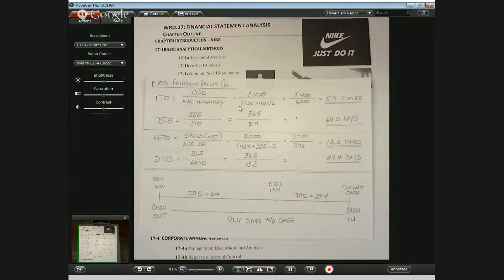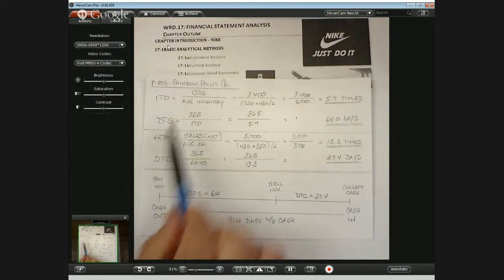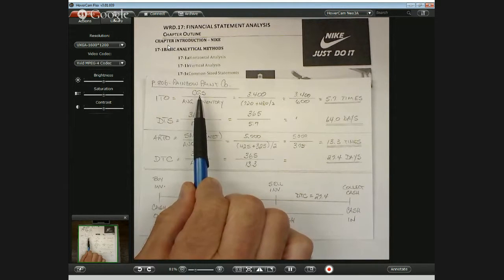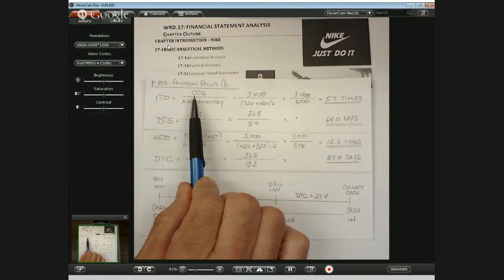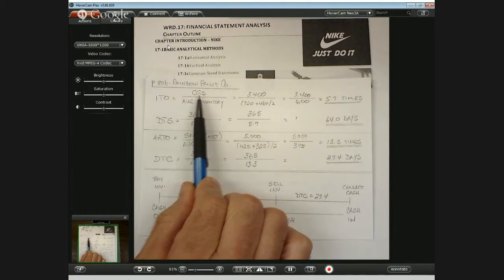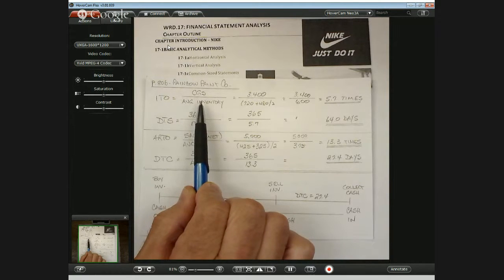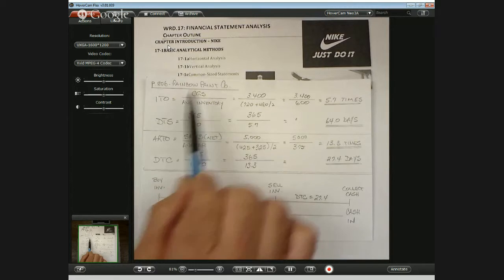ITO represents the inventory turnover. So how is this going to be used? Inventory turnover, according to your textbook, is calculated by dividing the cost of goods sold for the current year by the average inventory. Now, why are these averages done?